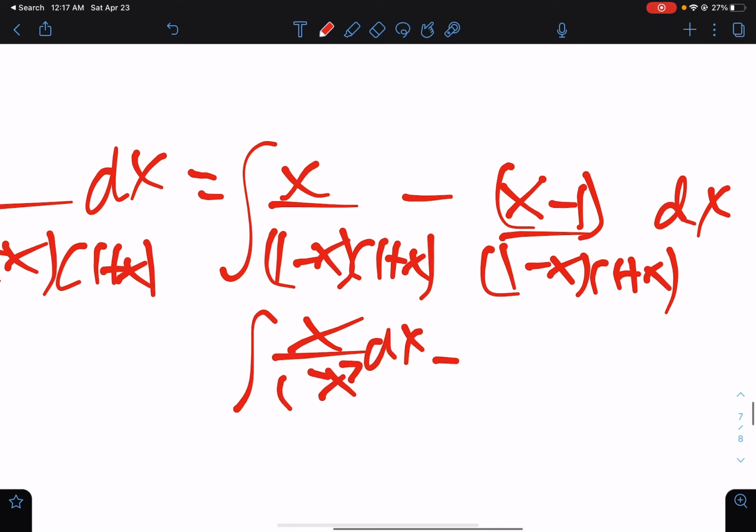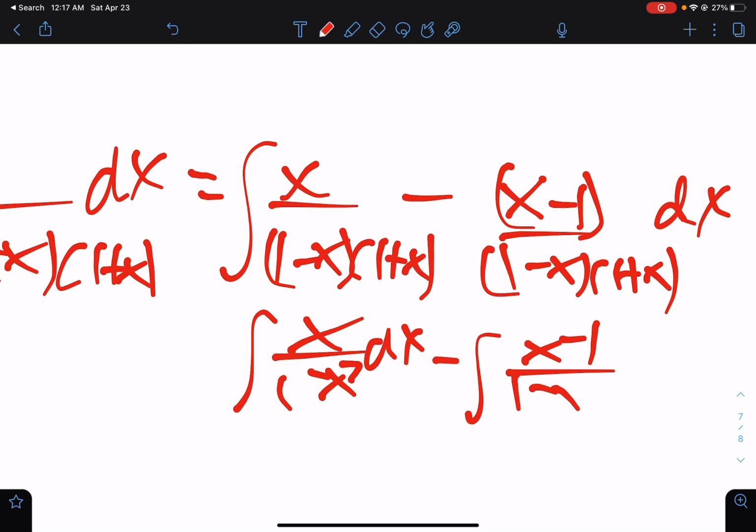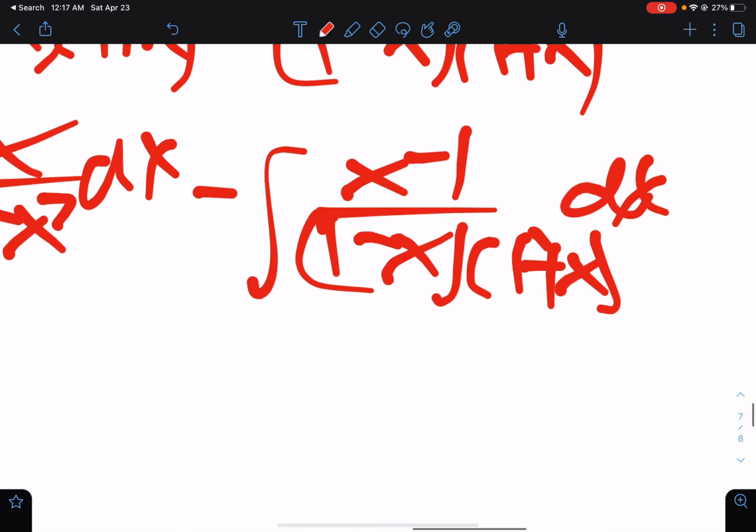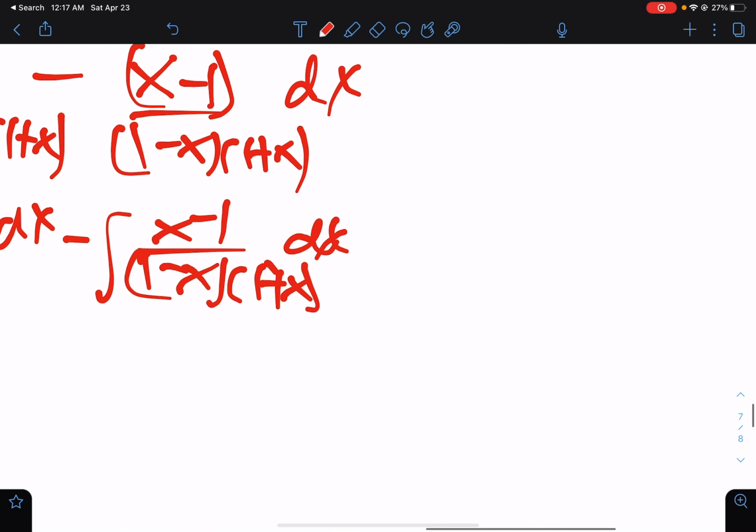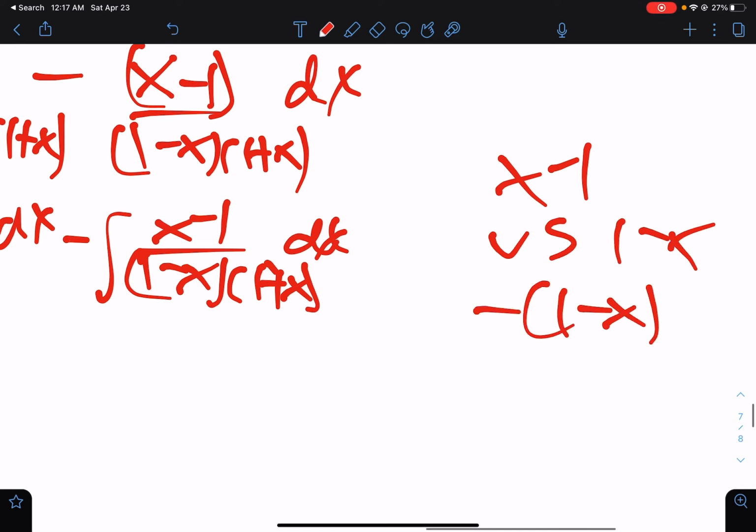But an astute observer could notice this. I'm simply using the linearity of integrals right here. Sorry, let me keep it like this. An astute observer would notice, I'll just put on the side here, x minus 1 versus 1 minus x. You simply factor a negative out. It's simply a negative.